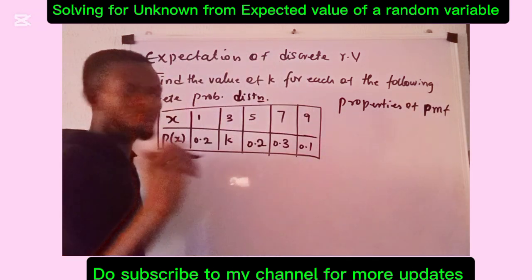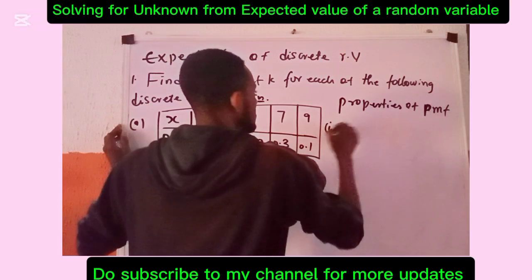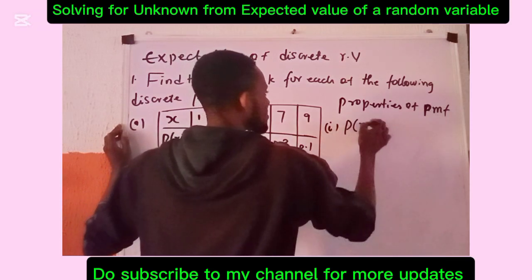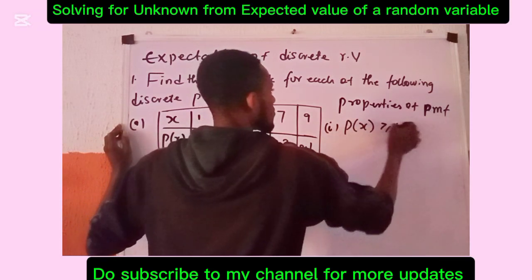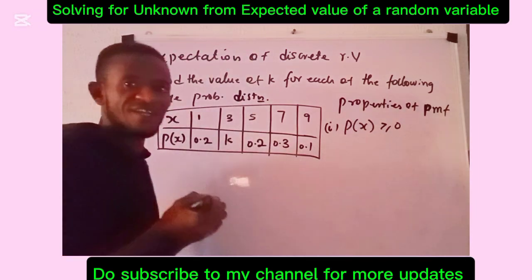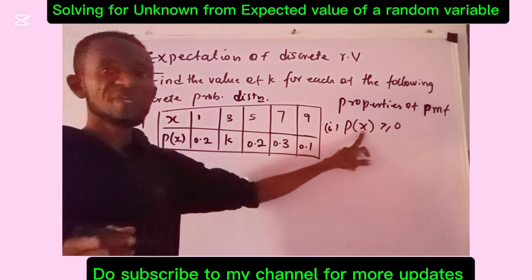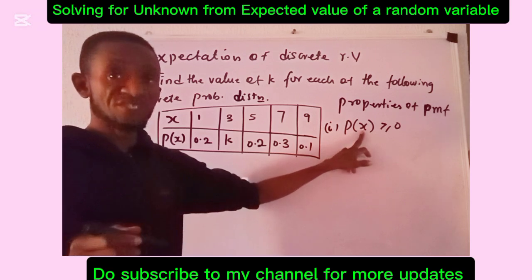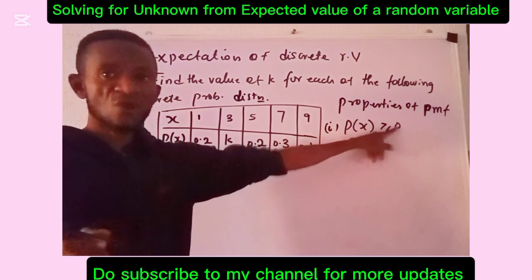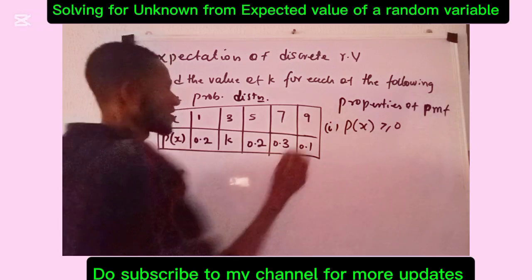The first property says that P of x is greater than or equal to 0. That is to say that the probability that x takes any value within the range is always greater than or equal to 0.